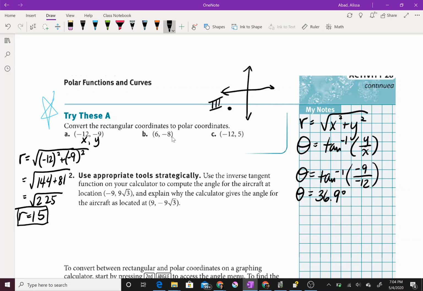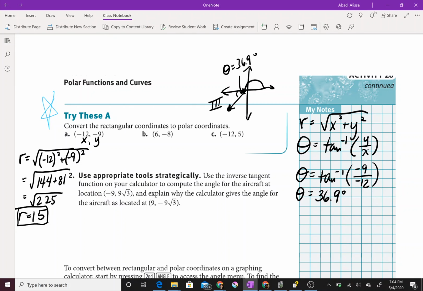So with it being in quadrant 3, we are basically going to have this ray here, and the angle is going to be the reference angle that we have. So this reference angle, and that's very small, but that's where we have theta is equal to 36.9 degrees. We want to find out what the angle is from 0 degrees.